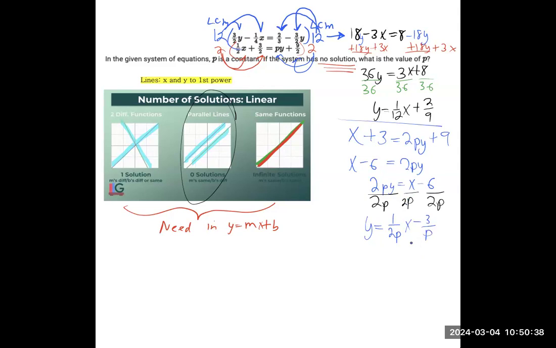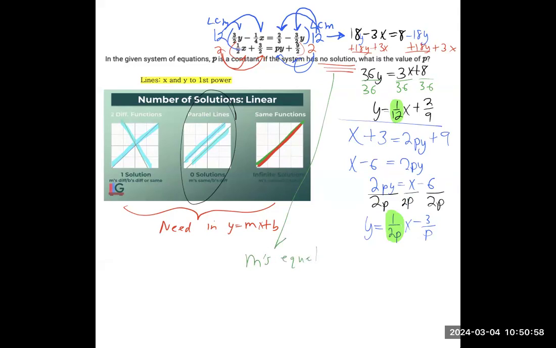Now that 1 over 2p times x, that format is useful because it's telling us that the slope is the thing in front of the x. And here the slope is the thing in front of the x. And we said from the beginning, if there's no solution, it means the slopes are equal.